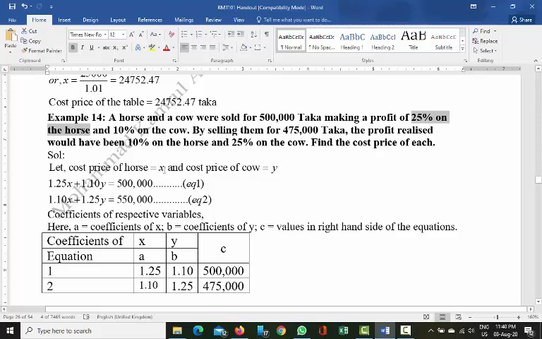If the cost price of the horse is X taka, let me write it this way.